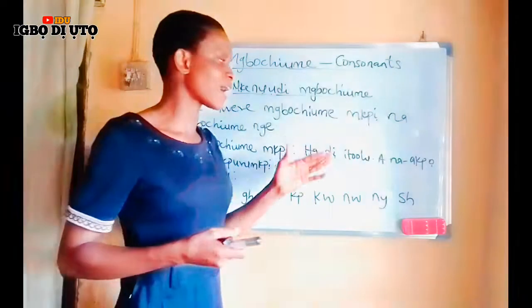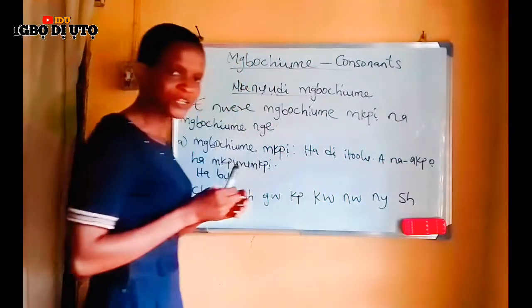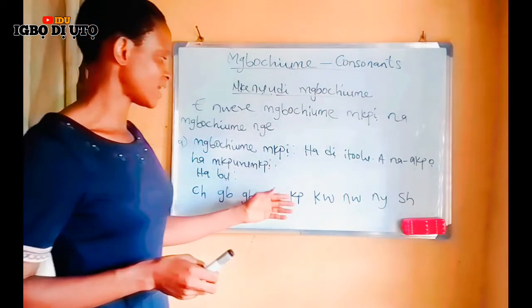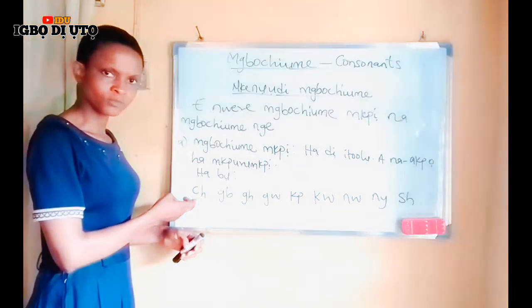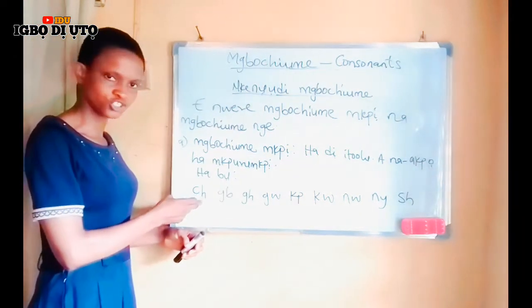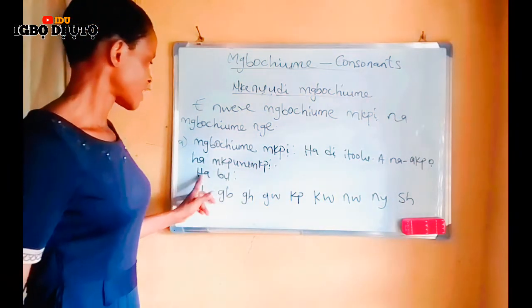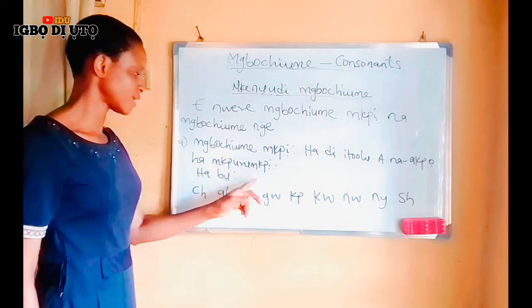The reason they are called mkpụrụ mkpị, combination of letters, is because they are two letters. Like for instance, sh is a combination of S and H.